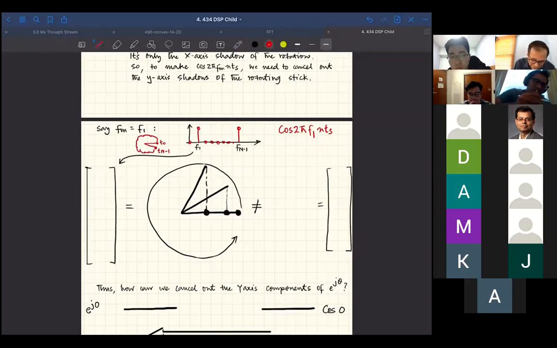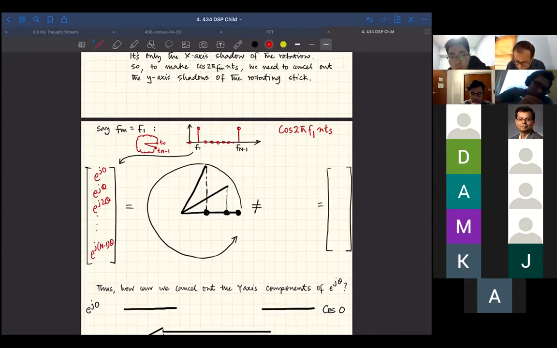F1 is nothing but e to the power j0, e to the power j theta, e to the power j2 theta, and so on, e to the power j(n minus 1) theta. I hope this is engraved in your head, right? But what do we want?